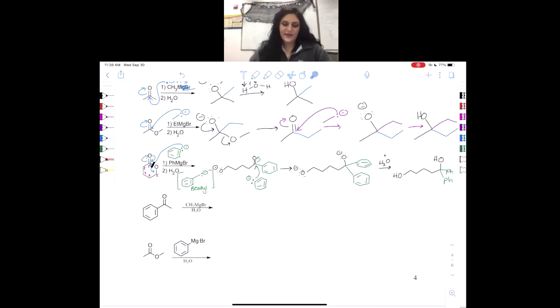So again, since we had a leaving group, we added 2 moles essentially of our Grignard reagent, or 2 molecules of it, and we attached 2 phenyl groups to that carbonyl carbon, and we ended up turning the carbonyl into an alcohol.